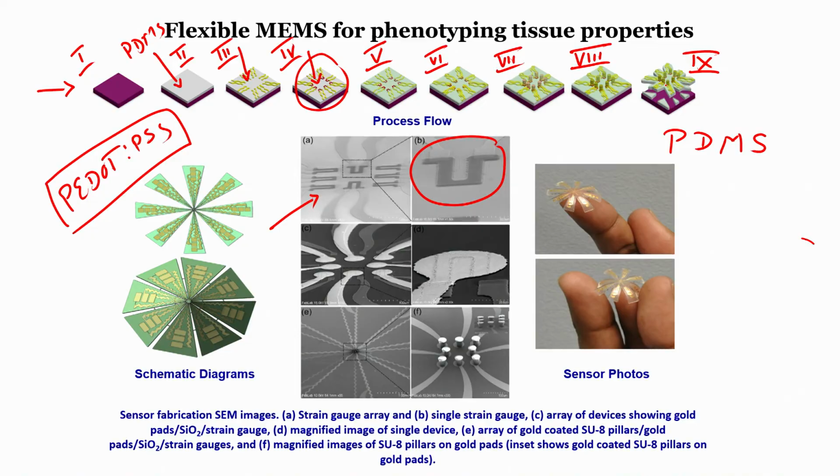If you see the screen, this is one sensor, or you can say an array of sensors, and these are all strain gauges, piezoresistive sensors. Then these are gold pads, and finally these are SU8 pillars which are coated with chrome gold using lift off technique. So, we will go one by one to fabricate this particular sensor. Let us see how we can start. I will show you the process flow in detail.